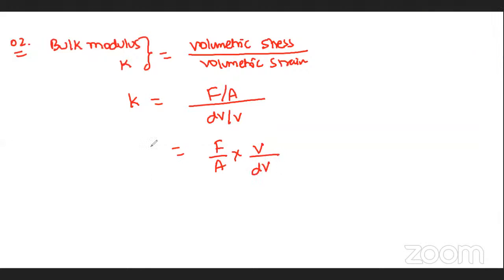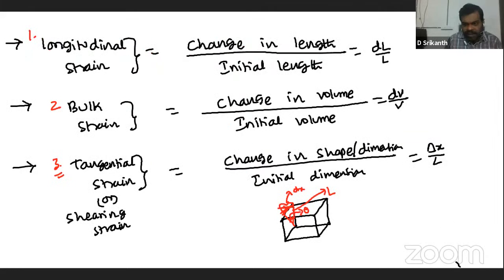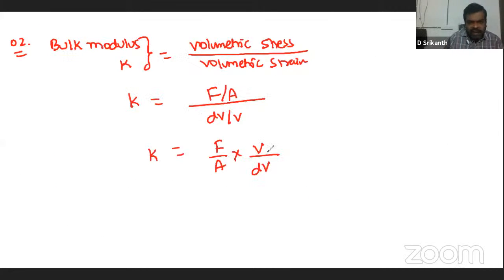Look, the volumetric strain we got earlier is dV by V. In this, F by A, force by area, I can write as pressure. So K equals P times V by dV.